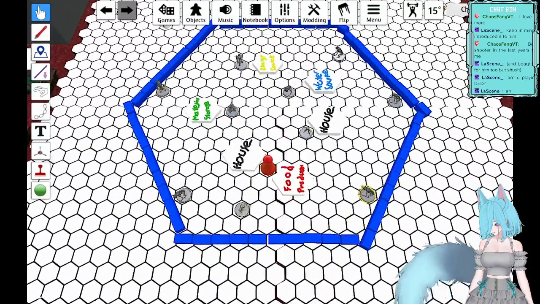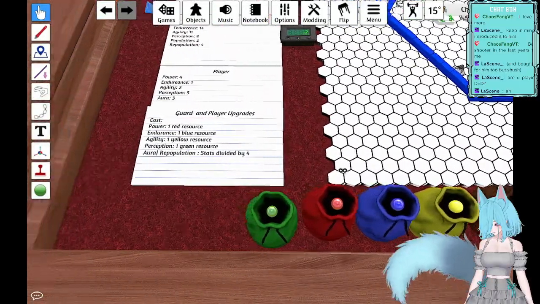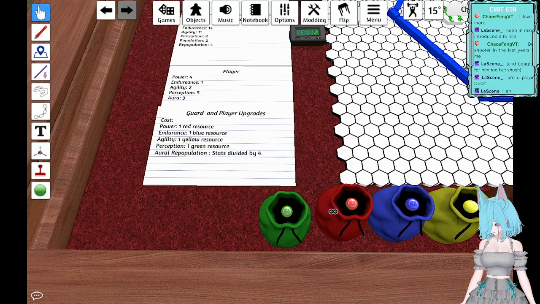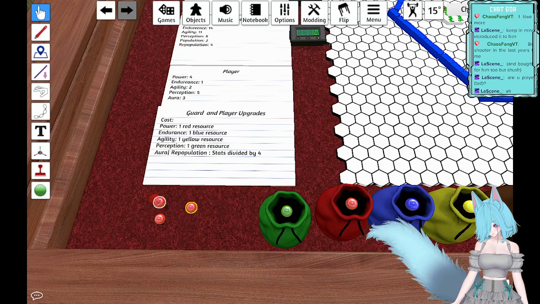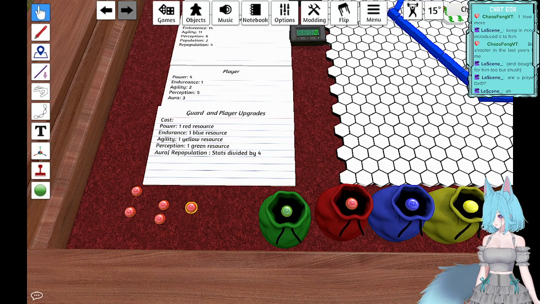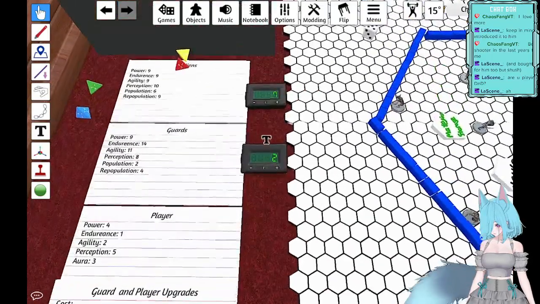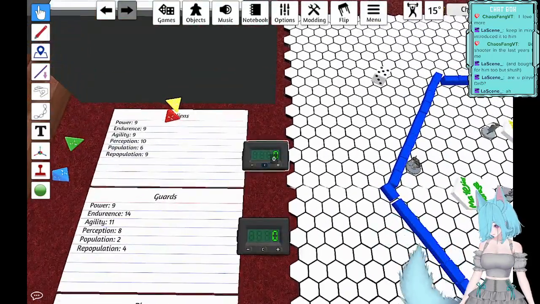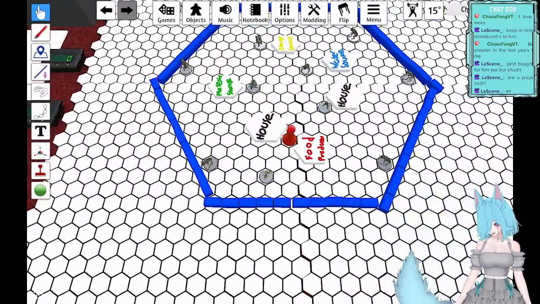Let's start moving, though. We do get automatic to the food because we stopped at the food. And we have perception 5, so we do get 5 food. Which is quite good, actually. And then let's see.